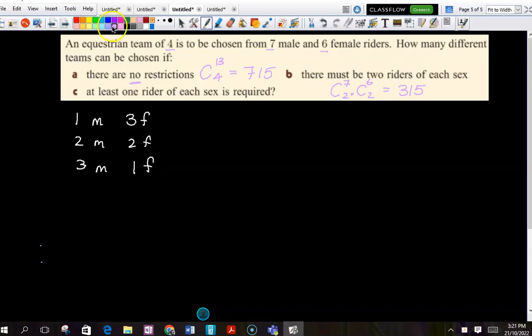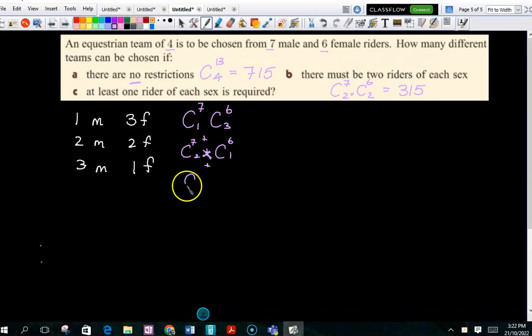Okay? So this would now be C1, 7, C6, 3 plus C7, 2 plus C6, 1 plus, oops, that should have been a times there, sorry, C7, 3 times C. Oh, I was going to say, I've stuffed up.